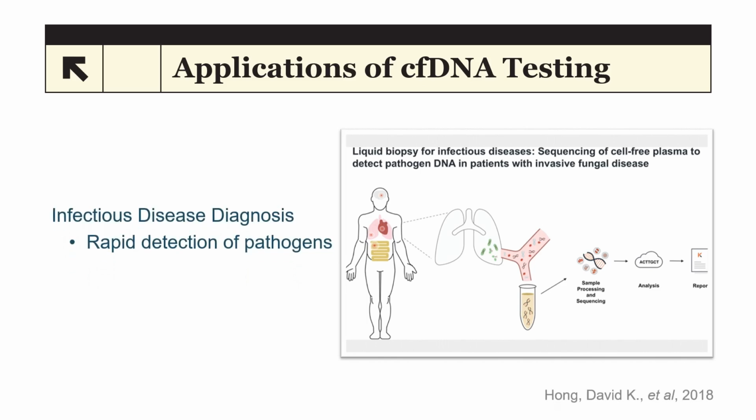Diagnosis of infectious diseases. cfDNA testing can identify a wide range of pathogens, including bacteria, viruses, fungi, and parasites. This comprehensive identification can aid in determining the appropriate antimicrobial treatment and help prevent the unnecessary use of broad-spectrum antibiotics.